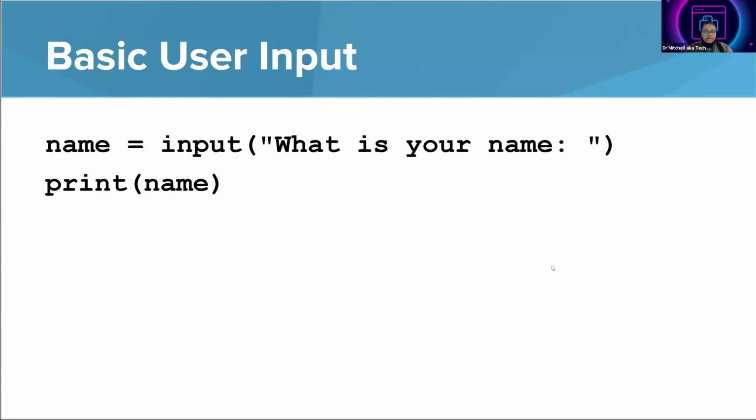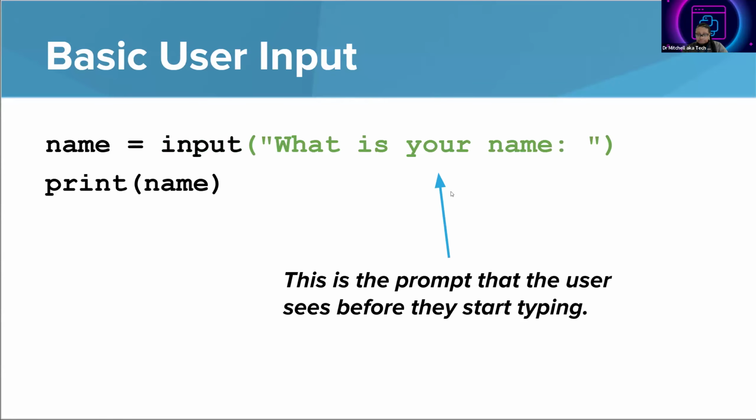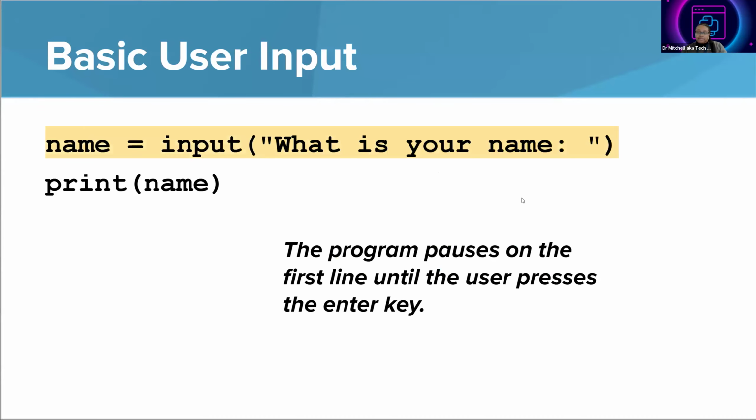As we've done here, we put name equals input, what is your name? Input is where you're retrieving the text from the user. You use the input function so that the prompted question can be answered by the user.